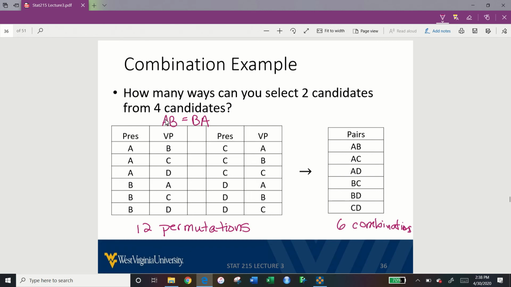AB meant A was the president, B was the vice president. BA, B was the president, A was the vice president. If order doesn't matter and we're just selecting 2 people for some leadership position, in that case, AB and BA are considered to be the exact same.